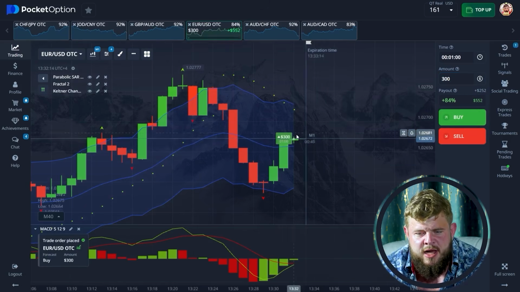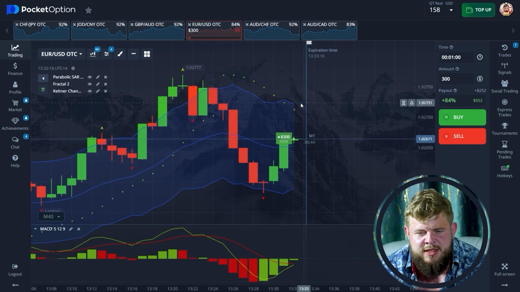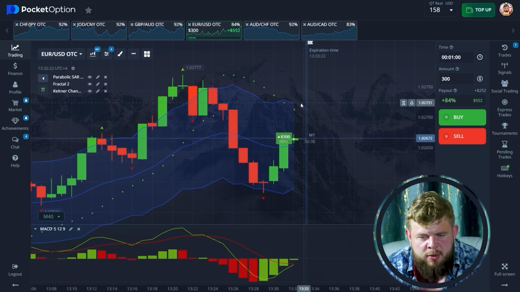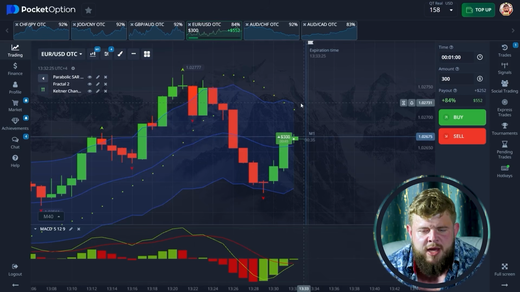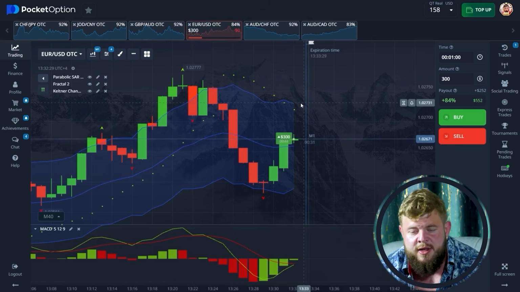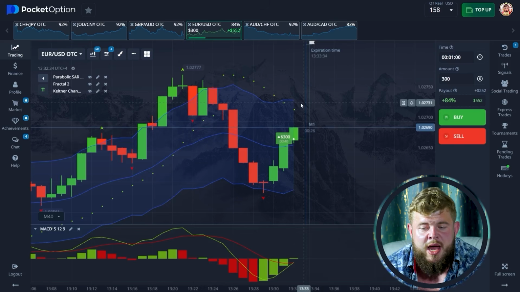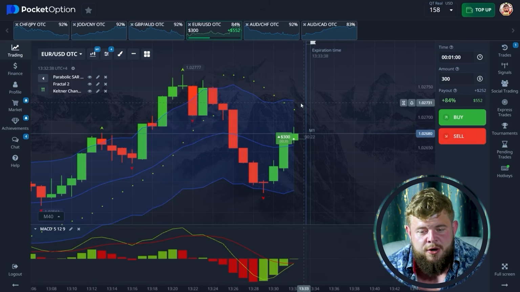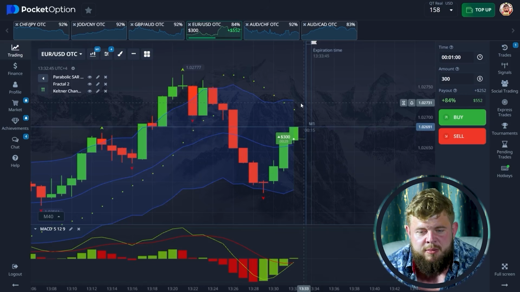Price is going to hit the downgoing trend line, which corresponds to the Parabolic SAR line, and we still have some space for growth until we hit the Parabolic SAR line. That's why I have opened a buy position, expecting that this growth will happen within this 1 minute time period that we have, and everything will be fine.